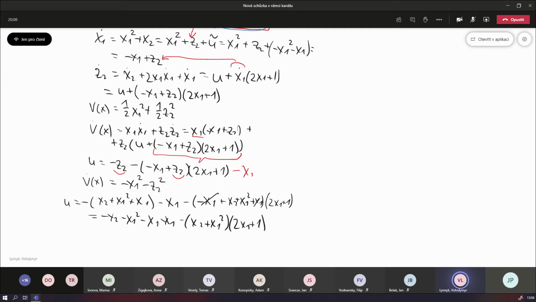And this all put together, this is minus 2x1, and so on. Any question?